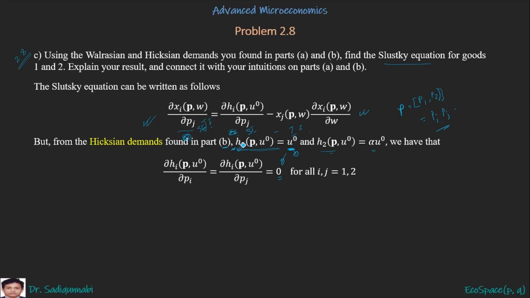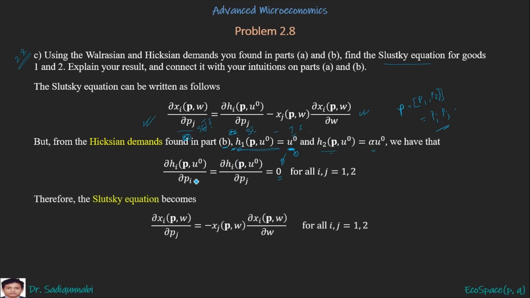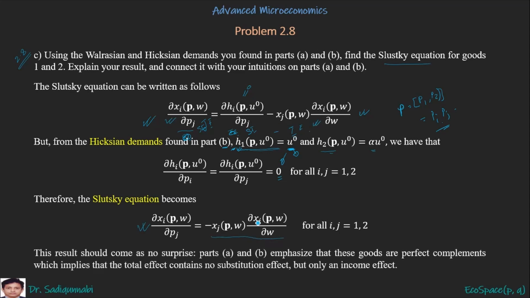So we can convert the Slutsky equation into this. This becomes 0, so only this one and that one remain. This result comes as no surprise. Why is it not a surprise?